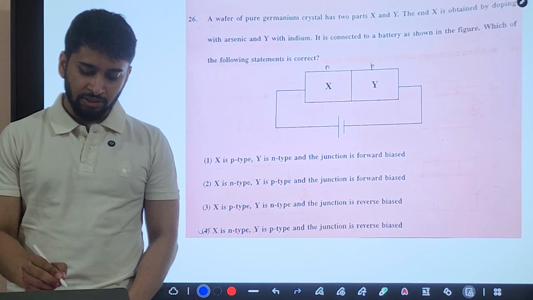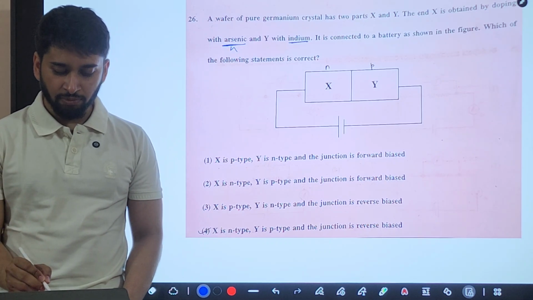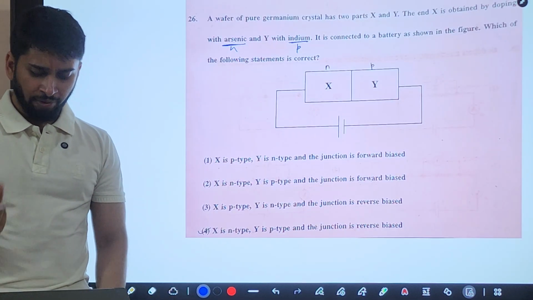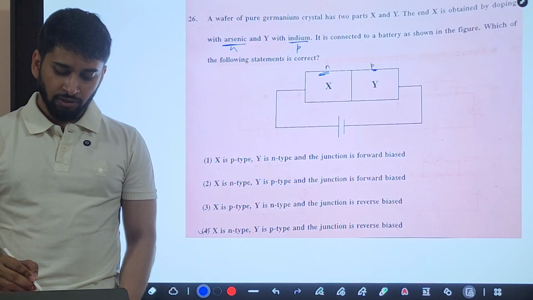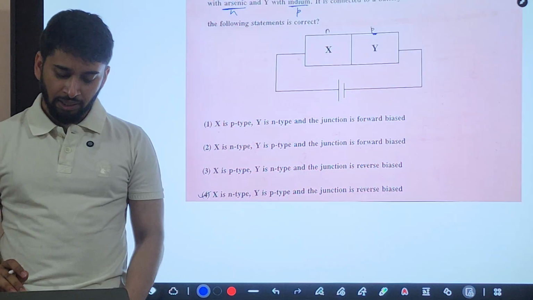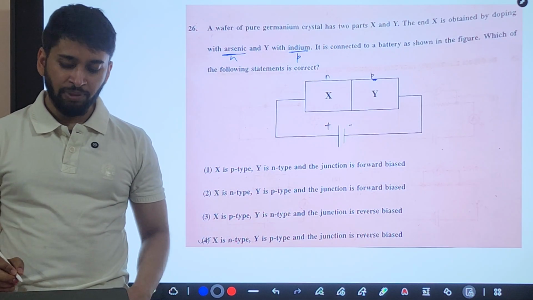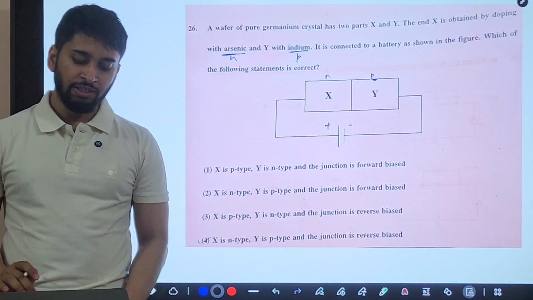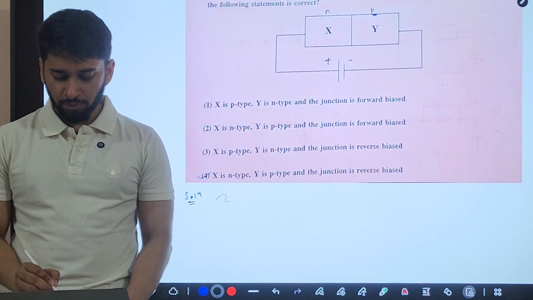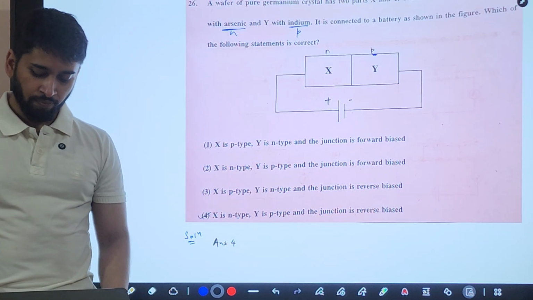Arsenic, antimony and phosphorus are for N type, and indium is for P type. So X is N type and Y is P type. This mention is correct. The junction is reverse biased because N type is at higher potential and P type is at lower potential. So this is reverse bias, correct. So the answer will be option 4 here.